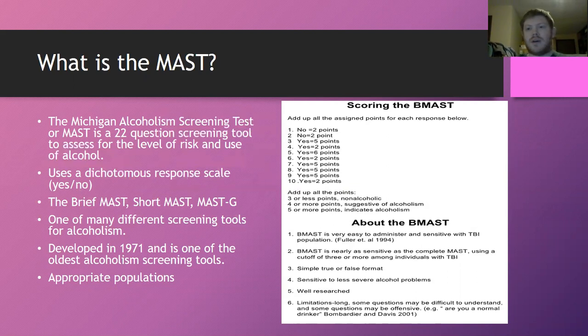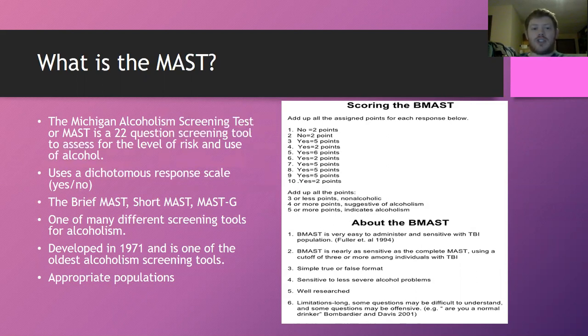There's actually a bunch of variations of this test as well. As you can see at the right, I've placed the scoring sheet for the brief MAST. This one only has 10 questions. There's also a short MAST, which is 13 questions.